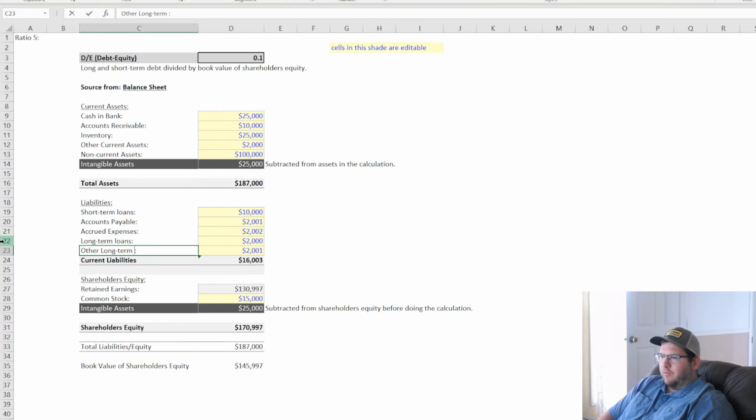Other long-term liabilities. It's all of this. And I've just put the filler into retained earnings, which is going to subtract out the rest of these things from assets, subtracting liabilities from assets, so we always balance. So assets, liabilities, equity. Now we match here. Liabilities and equity equal assets.